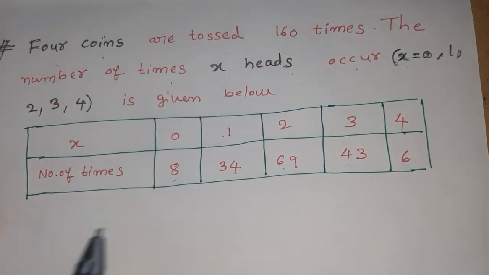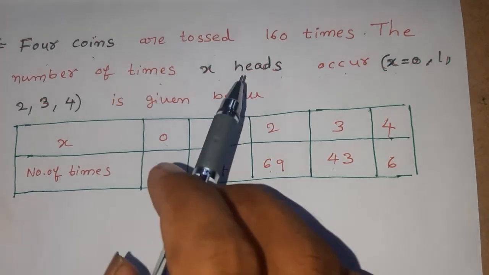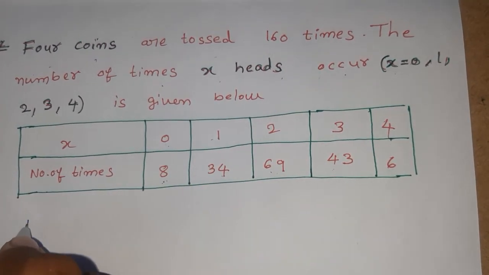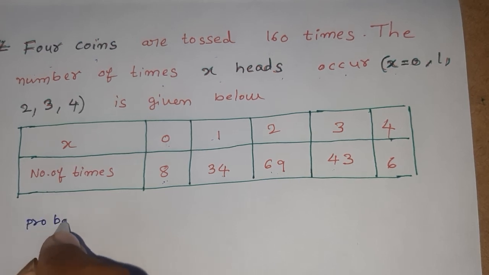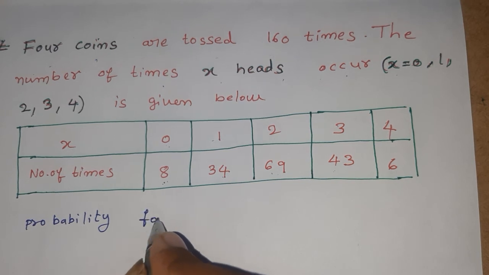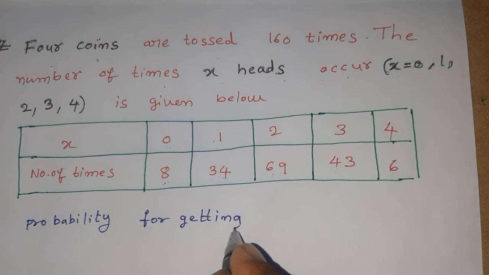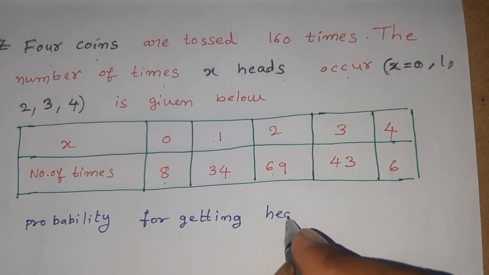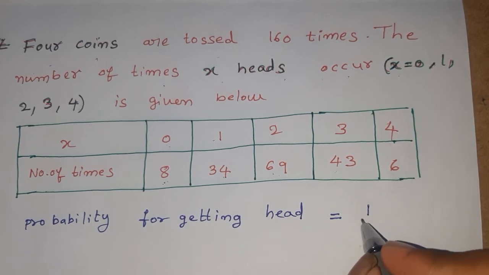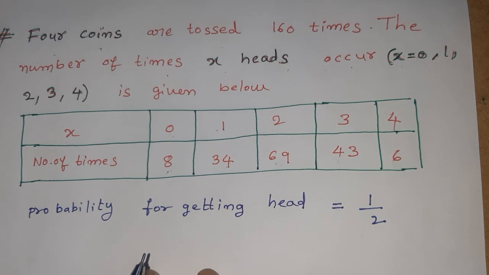Let us go forward. Here success means getting head. Therefore the probability of getting a head is, we know, 1 by 2.